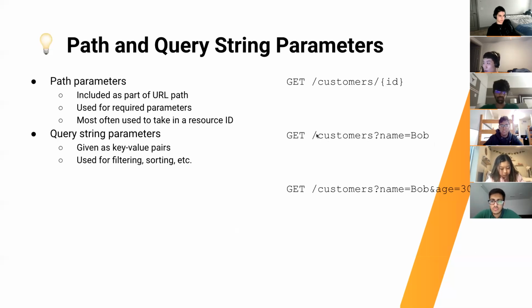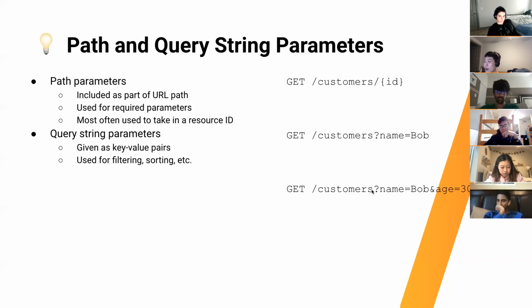But you can query the customers collection, and then you can also do optional actions like filtering. So for example, this would be a filter. You get all the customers whose name is Bob, and this is just a syntax with a question mark and the key-value pairs separated by ampersands.